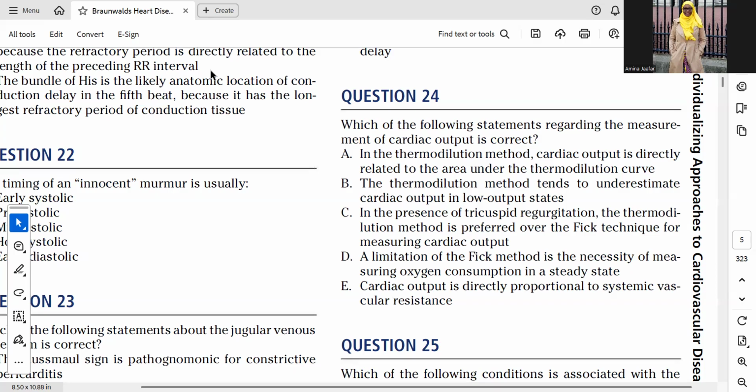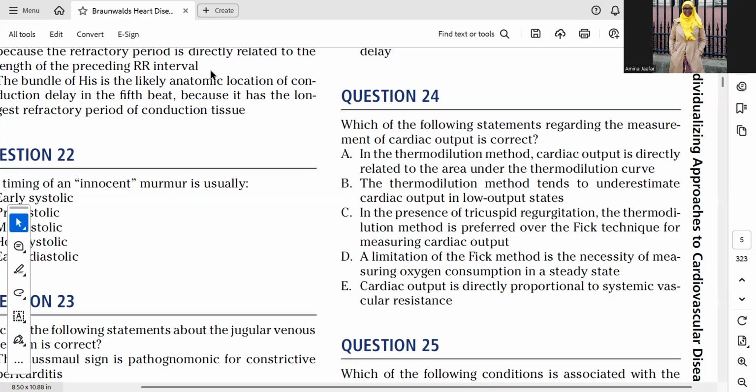So let's go back to the question. The first option is, in thermodilution method, cardiac output is directly related to the area under the thermodilution curve. This is wrong because it's inversely related to the area. The longer the area, the lower the cardiac output.